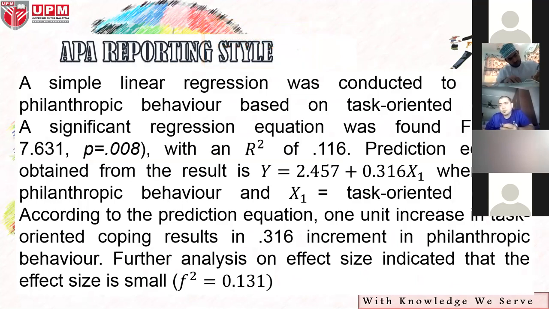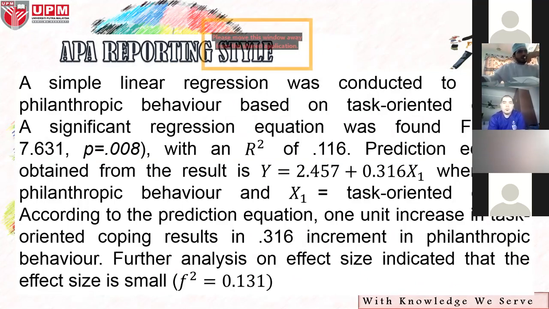The prediction equation obtained from the result, you present your regression equation, where Y equals philanthropic behavior and X1 equals task-oriented coping. According to the prediction equation, a 1 unit increase in task-oriented coping results in a 0.316 increment in philanthropic behavior.